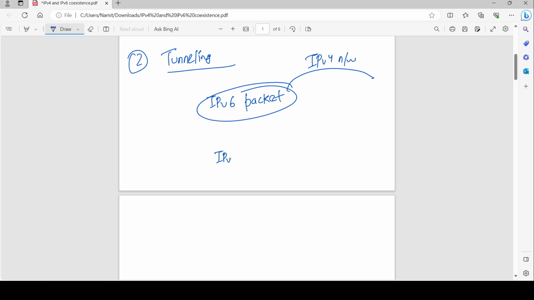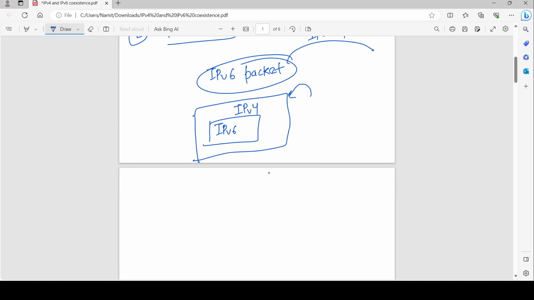Your IPv6 packet is encapsulated inside an IPv4 packet, and from the outside environment it looks like an IPv4 packet only. At the receiver, the data packet is decapsulated and the IPv6 packet is identified. Is there any doubt?